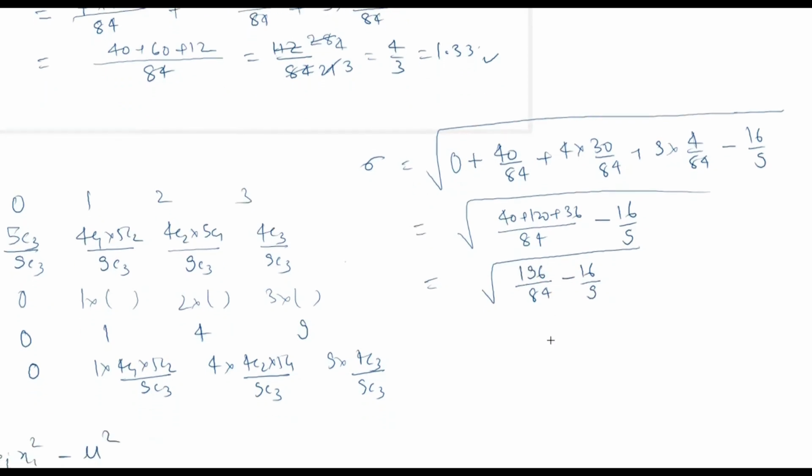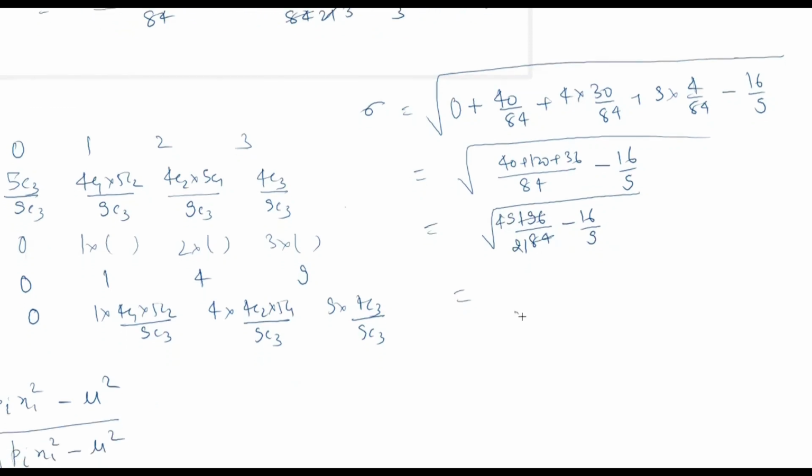So 4 fours are 16, 21 fours are 84. So 49 by 21. I think we'll have to use a calculator eventually. So 49 into 9.